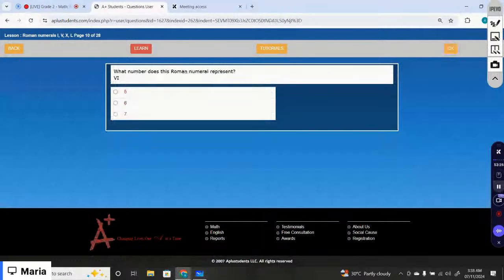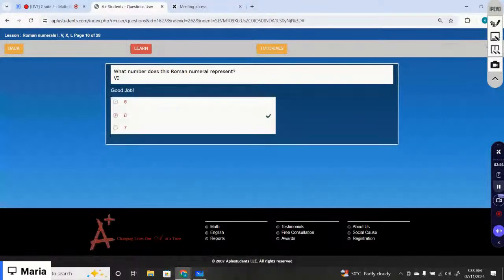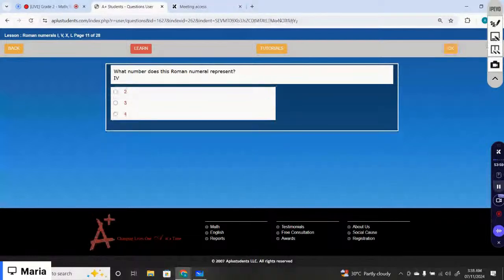What number does the Roman numeral represent? 6. So which is the correct option? VI. So that represents 6. The correct option is 6 it is. What number does the Roman numeral represent?